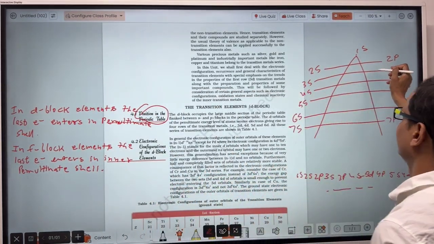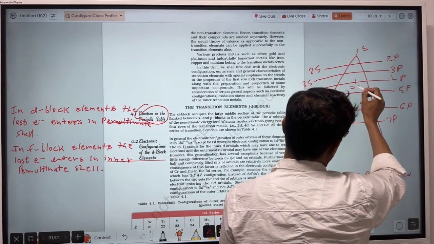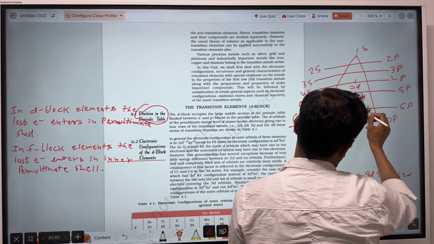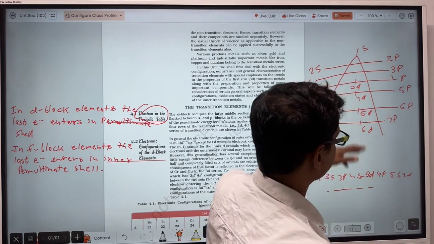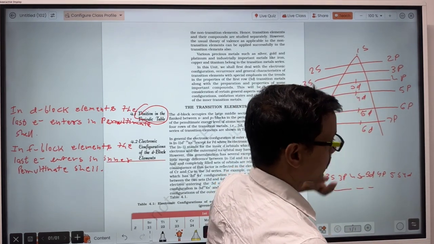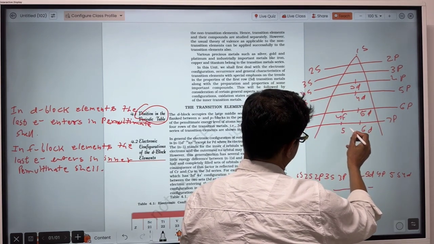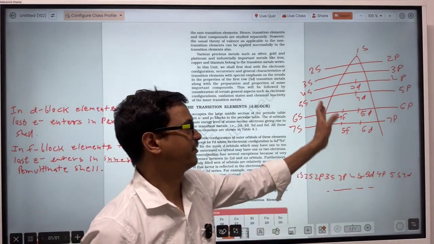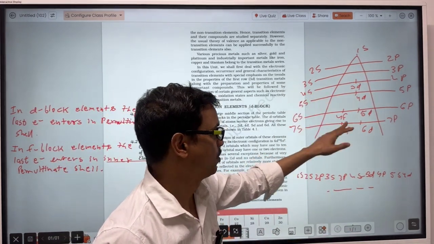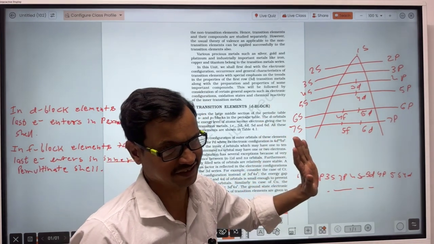Like these two lines here. After these two lines, there will be 3d. And after again these two lines, 4f will start. Keep in mind, 3d starts after 4s and 4f starts after 6s.